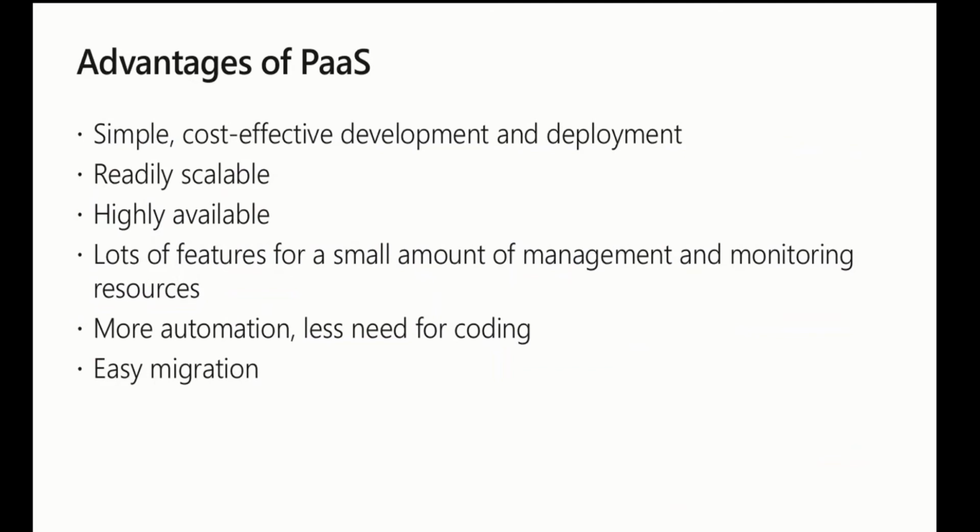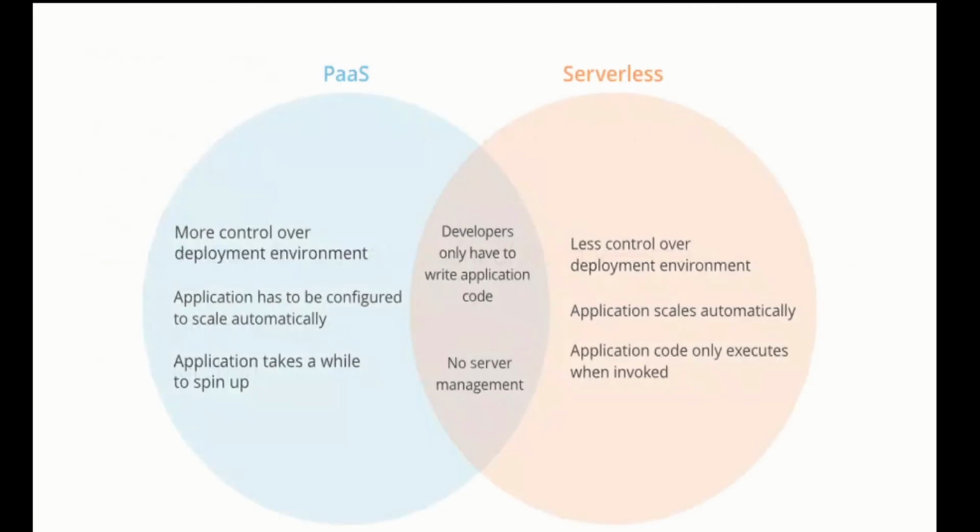It's easier to migrate once you're sitting on that platform because you're only migrating your application part, and the underlying infrastructure can be scaled up or down based on load. So obviously lots of features for management and monitoring your resources, because you just focus on your application.